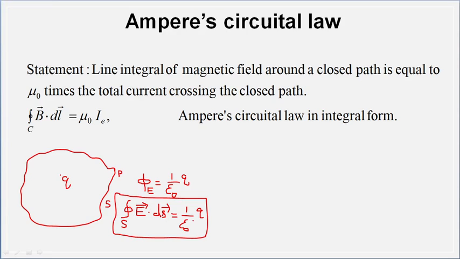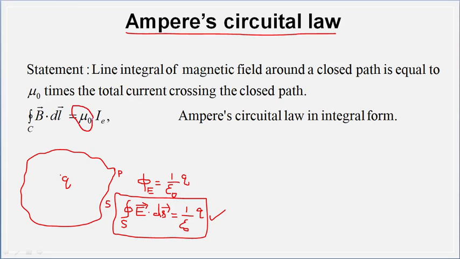Now, in comparison with it, we'll see what that law is in magnetism. That law is called Ampere's Circuital Law. So first we will see only the mathematical form. Here, instead of 1 upon epsilon 0, we have mu naught.